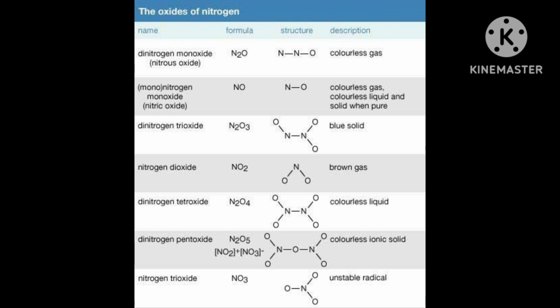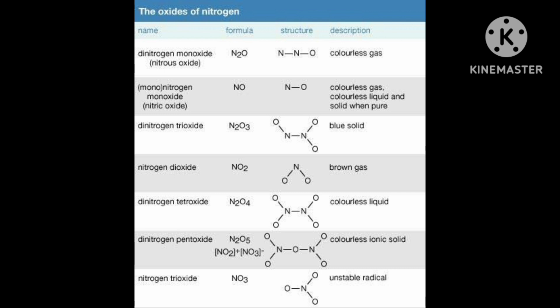The second product is sodium hydrogen sulfate, also called bisulfate. The third product is water, H2O, and the fourth product is NO, nitric oxide. This reaction is very important and is asked in many examinations.